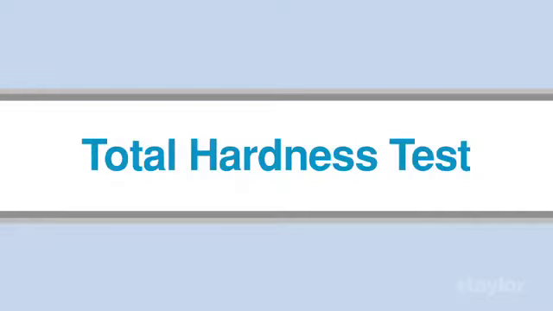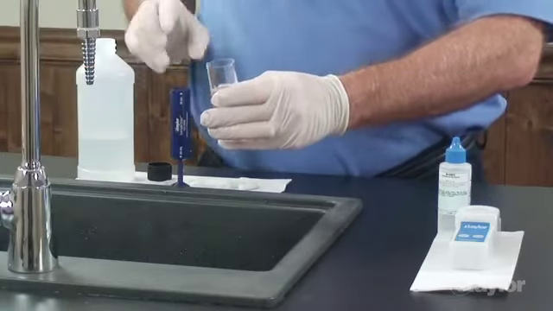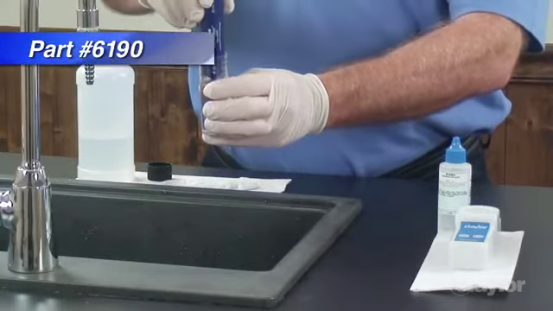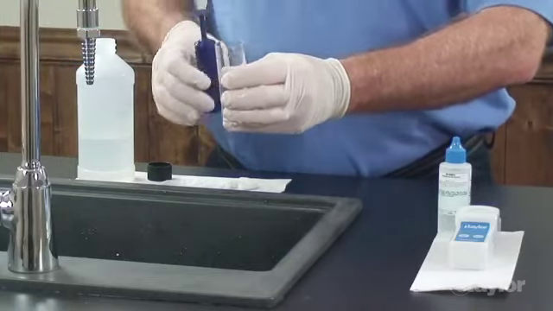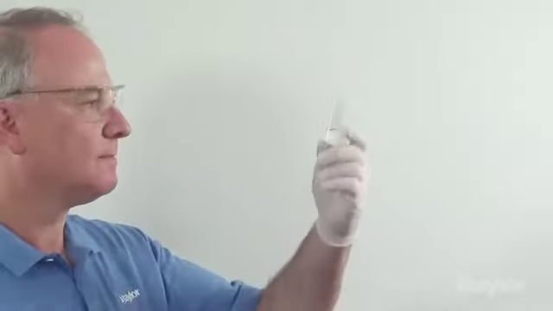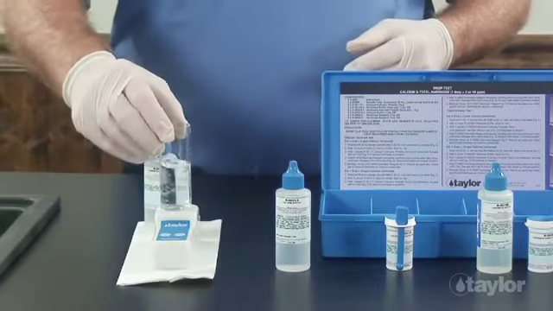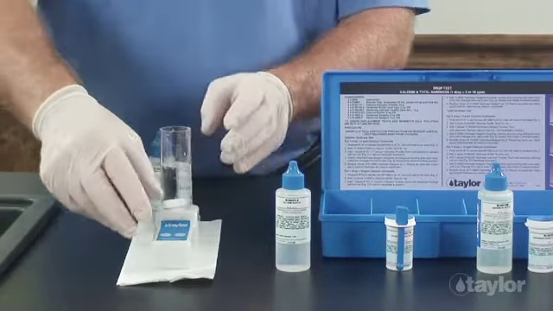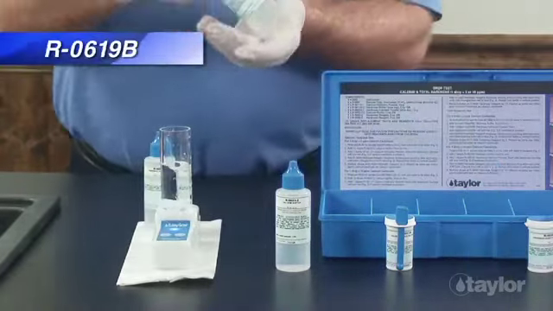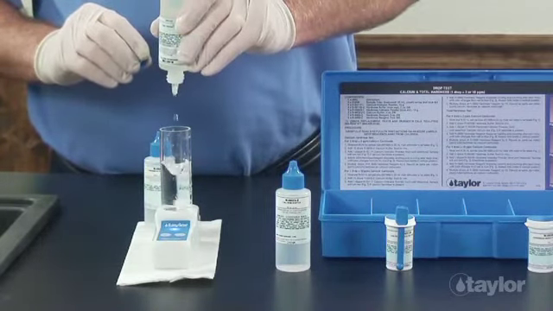Next, we will perform the total hardness test. Fill the sample tube to the 25 ml mark with the water to be tested. Add 5 drops of hardness buffer and 1 level dipper of hardness indicator powder.